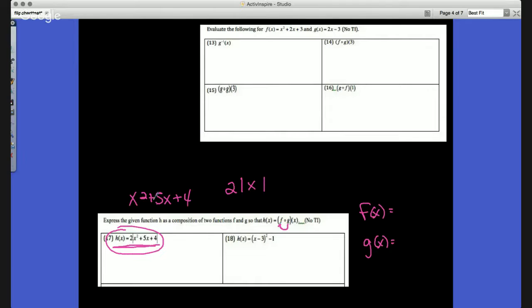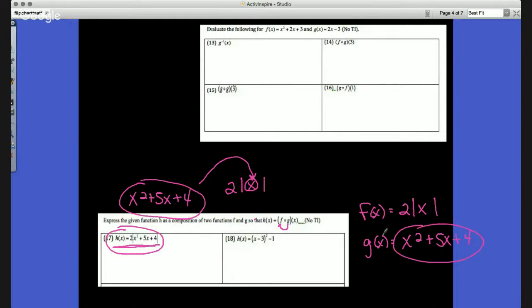So what we could say is if we take the junk and plug it in for the x inside, we will get back to where we were originally. Well, remember that whatever's being plugged in, that's the g of x. So the g of x would be x squared plus 5x plus 4. And whatever was the standard part of it would be two absolute value of x.